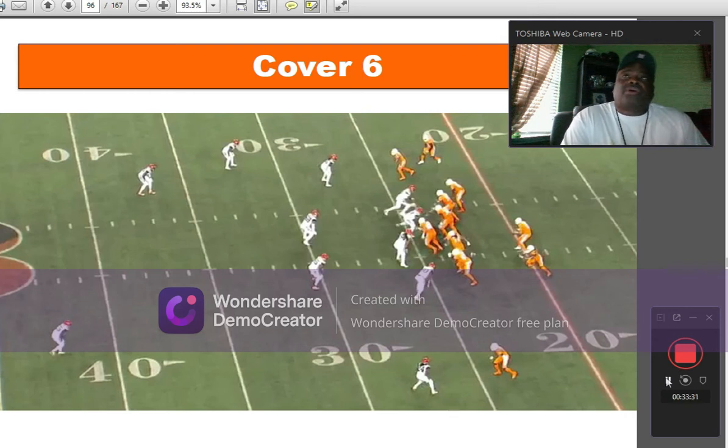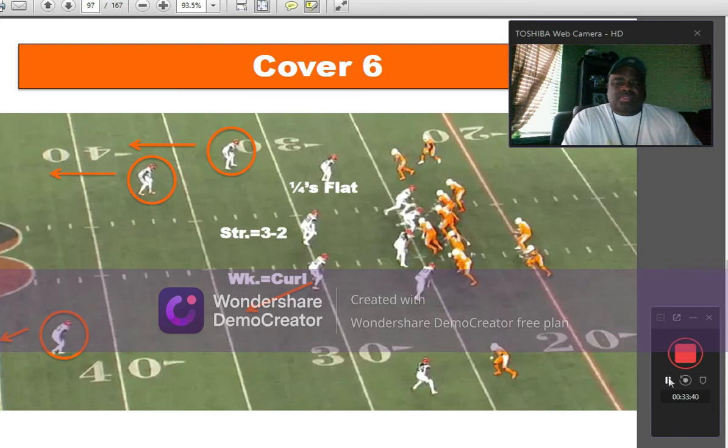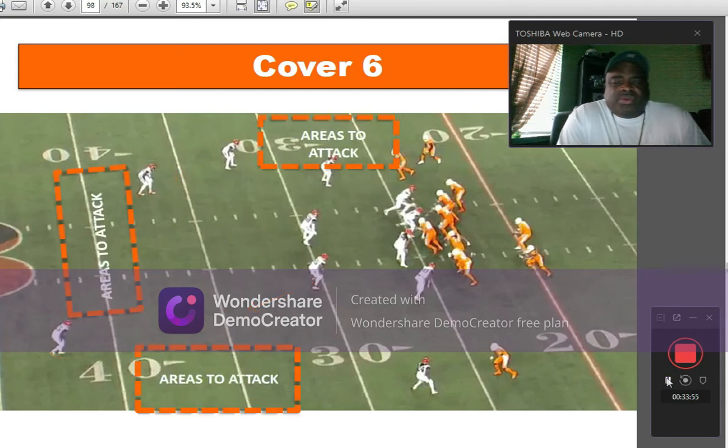That's why it's called cover 6: 2 plus 4 is 6. It is a good mix, a split field coverage. And those are the areas to attack a cover 6.